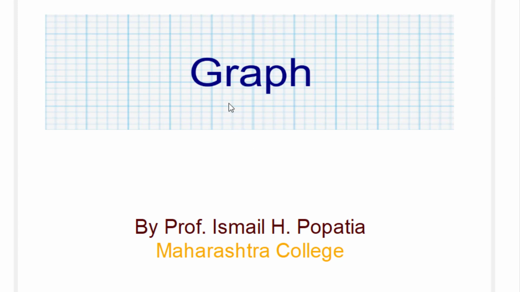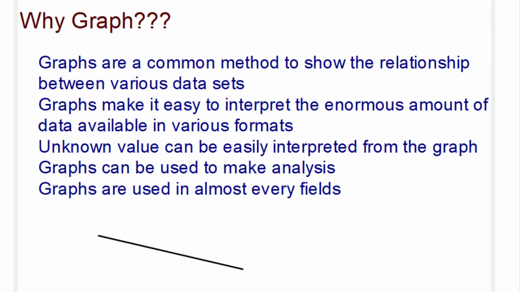So we start with the graph. Why do we use a graph? Graphs are the common method to show the relationship between various data sets. We may have some data sets and we can find some relationship between them. They can be related in various ways. Graphs make it easy to interpret the enormous amount of data available in various formats.